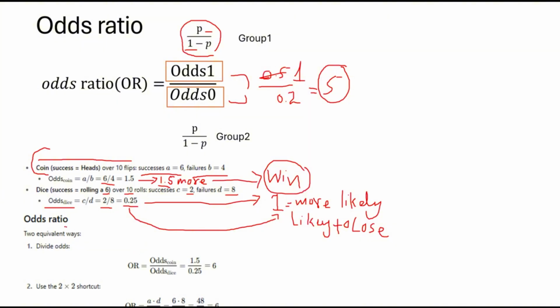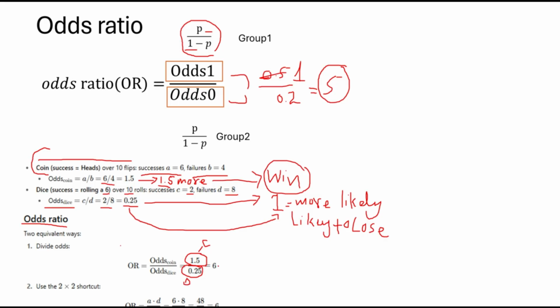So in the odds ratio, as I already told you, we are comparing two groups or two odds. Here, for example, we put the odds of winning a game with the coin flip, C, and here the dice.